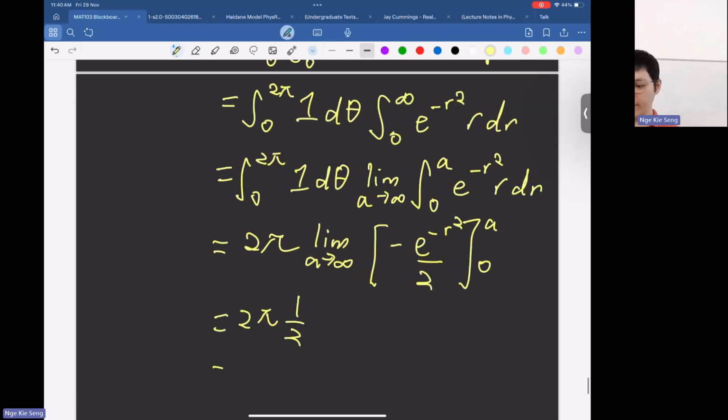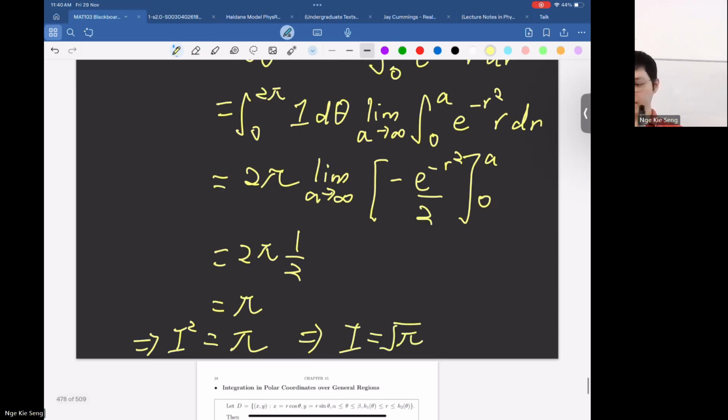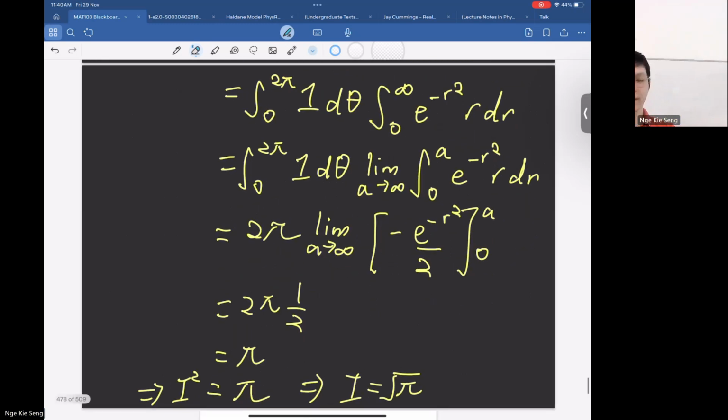Okay, so we get pi. So what do we get? I square equals to pi implies I equals to square root of pi. Is that okay?